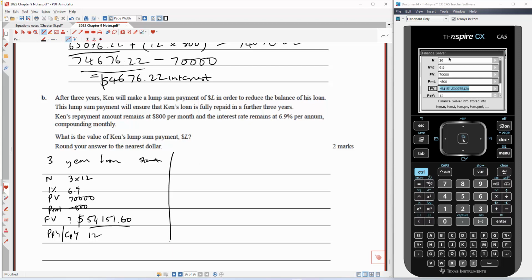All right, now what we're going to do is work out the second part. So what's the value of his lump sum payment if he wants to pay down the loan in a further 3 years, still only paying $800 per month? All right, so this one's tricky, and this probably would have been the last question in the module.